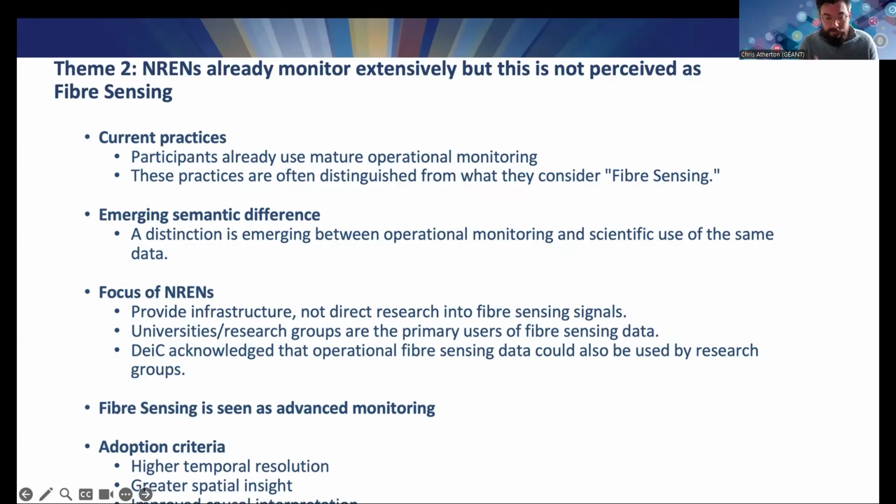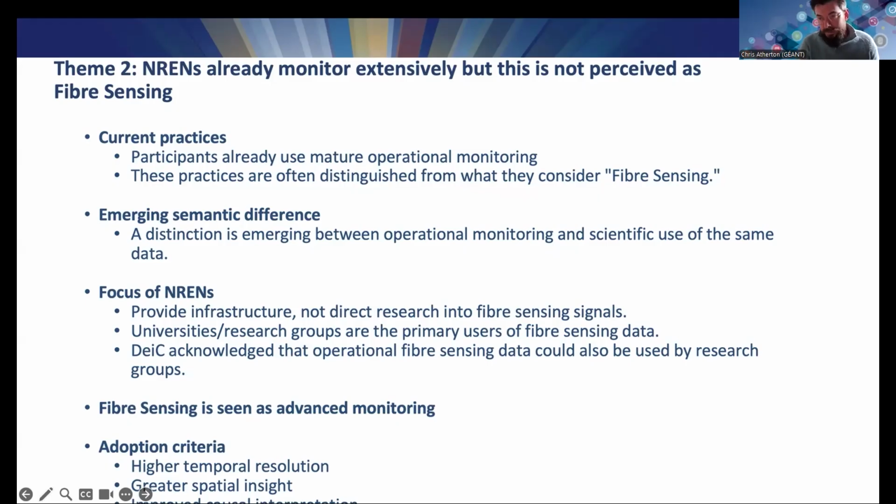As in, some people perceive the difference to be that one is used only for science, whereas we're just using OTDR and we don't foresee the use of the other; one is used for science and the other is used only for operational purposes in a very limited scope. But ultimately, it's the same data that's being used by both communities.